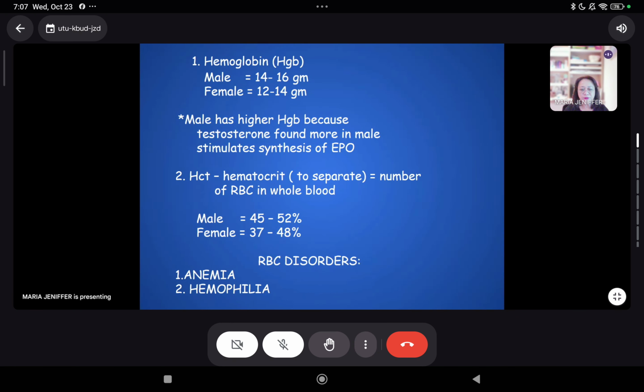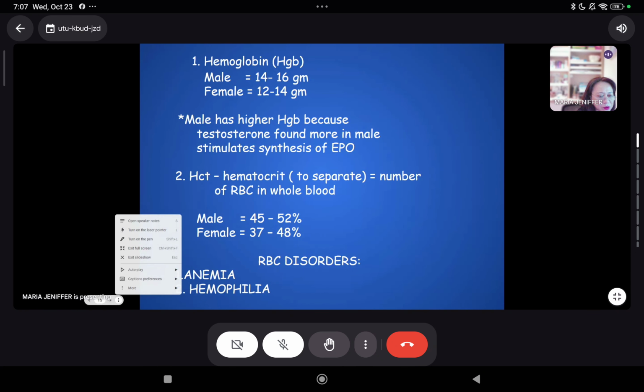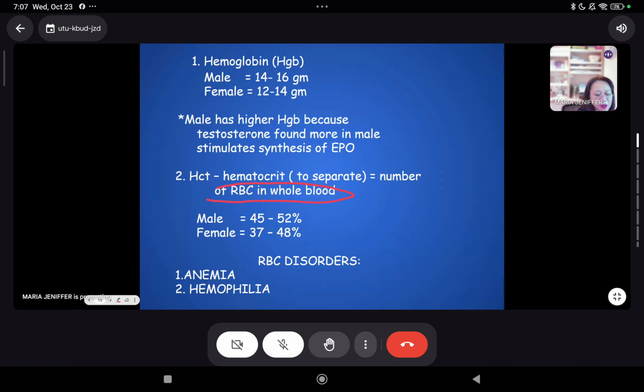The hematocrit, this is the number of red blood cells. So take note, this is the number of red blood cells in the whole blood.